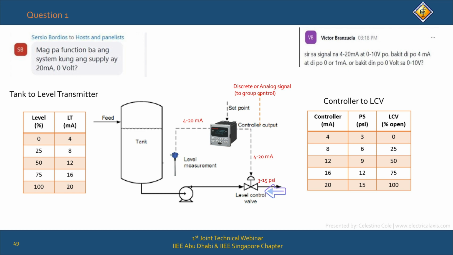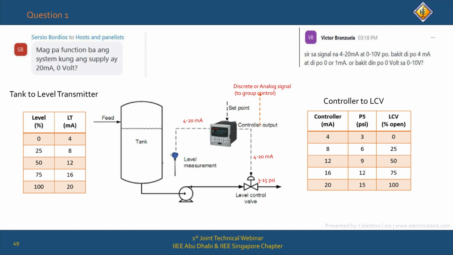The 4 to 20 milliampere will be converted to a pressure signal of 3 to 15 psi. This pressure value is also a standard in the industry. The one responsible for converting this current value is the I to P transducer or converter. I means current, and P means pressure. Kaya tinatawag ito na IP transducer. Mamaya, I'll give brief explanation how this device works.